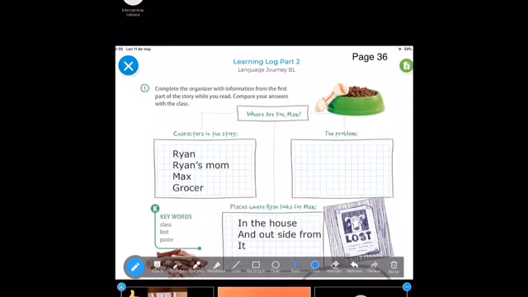What is the main problem, guys, in the story? Elliot, do you have the answer? What is the main problem, Elliot? What is the main problem in the story? No? Alan? Thank you, Alan.